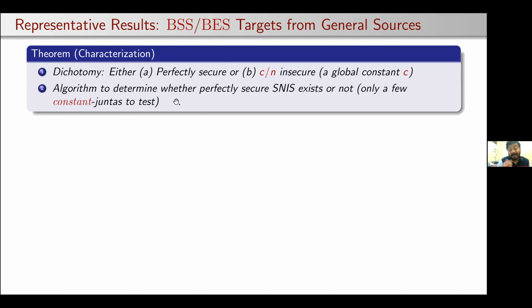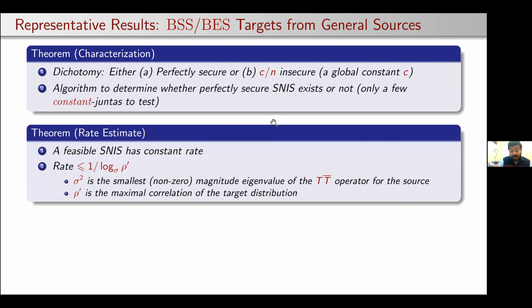In fact, we give an algorithm that if you want to find out whether it is feasible for a SNIS to exist, then there are only a constant number of functions that one has to test, and then one can determine whether such a simulation is possible or not. We prove an upper bound on the rate of such simulation. Let's not go into the formula that is written here. I will come back to this result later in the talk.